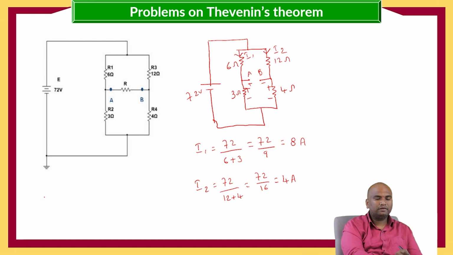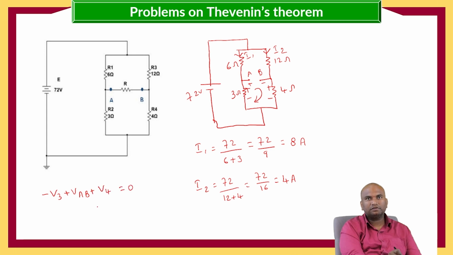So for that, if we apply KVL in this loop, that is minus V3 plus VAB plus V4 ohms, which is equal to 0. So VAB is equal to V3 minus V4.